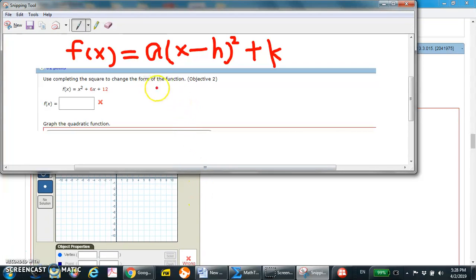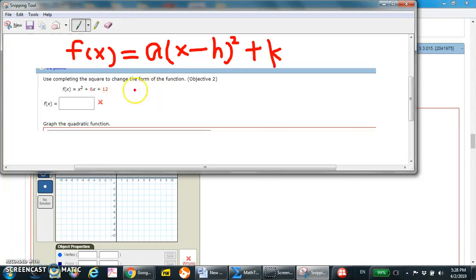Okay, now let me continue this example. So first, we want to change the equation into the standard form, right? And I said you can do this by completing the square. Now, if you don't want to do it that way, there's a second method.